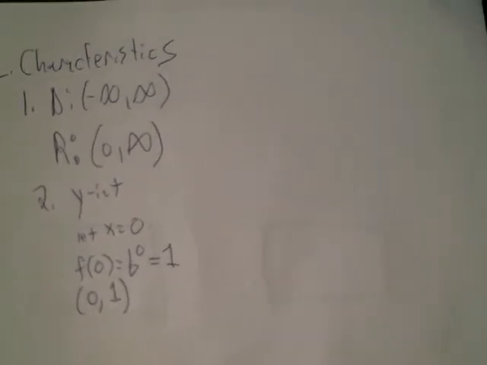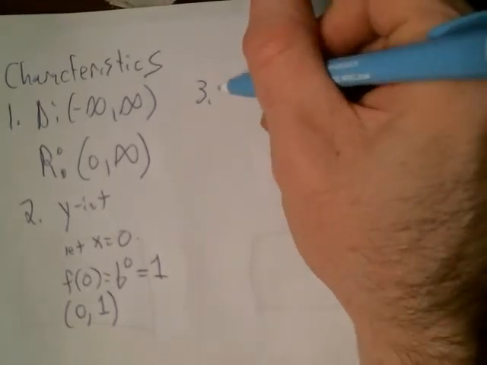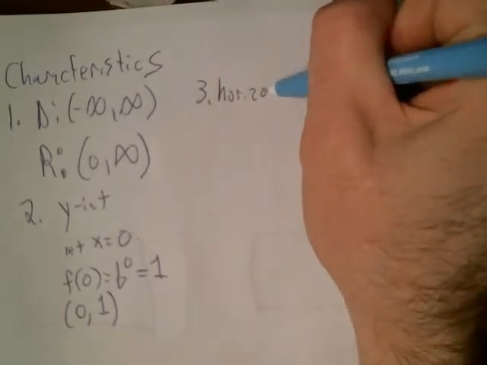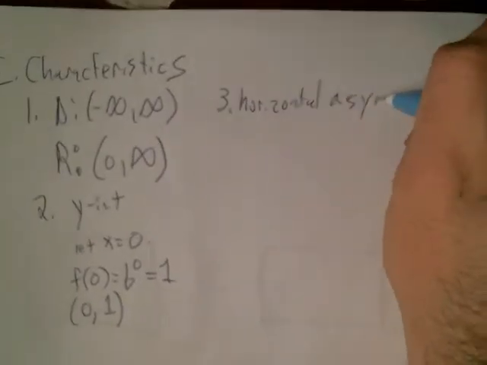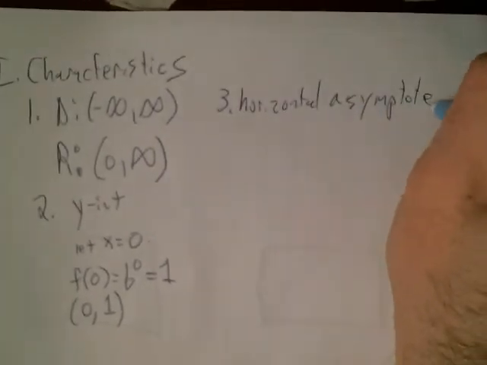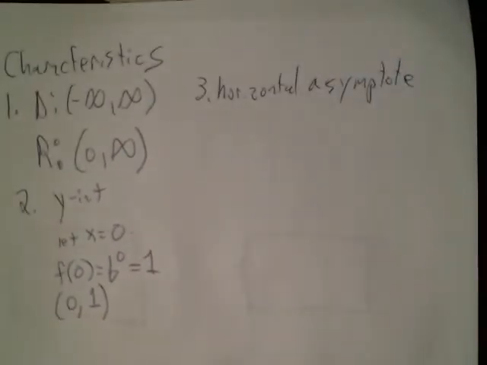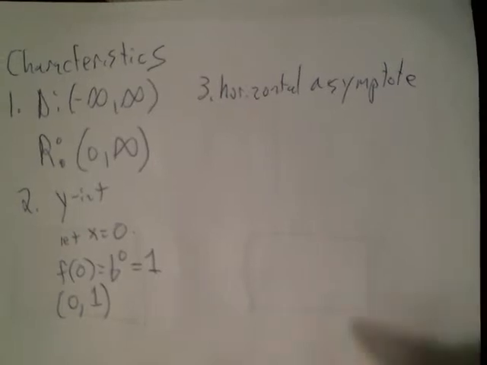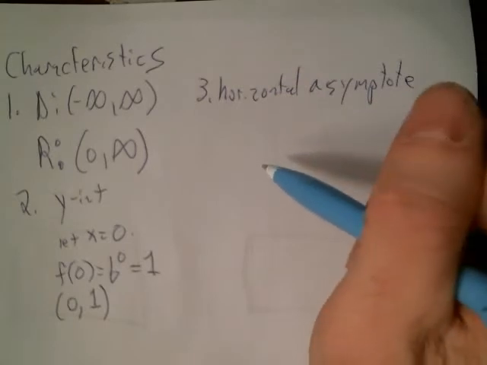What else? Well, we have this asymptote thing I was talking about. It's a horizontal asymptote. And it's basically this imaginary force field that the line gravitates towards. So in our case, it doesn't actually even go through that imaginary force field.